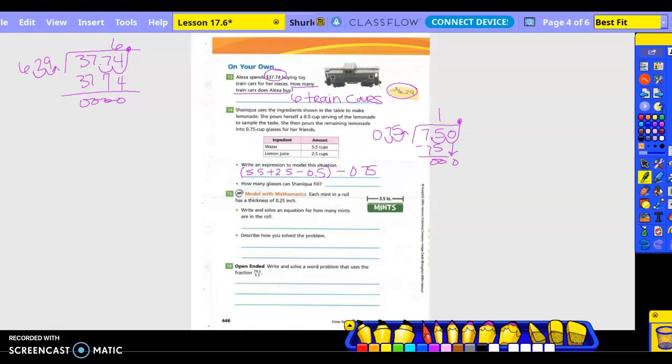Bring down the 0, doesn't go in there, but we still have to acknowledge it, right? Okay. You can't just say, oh, 1. You know that couldn't be right. So minus 0, because 0 times 75 is 0. So we have nothing left over. So how many glasses can she fill? 10.